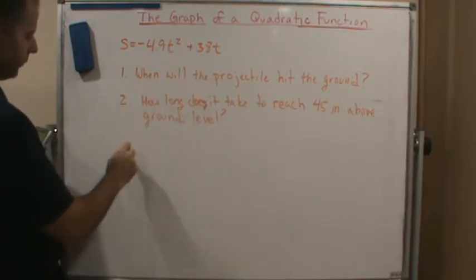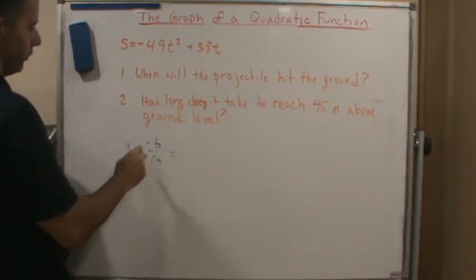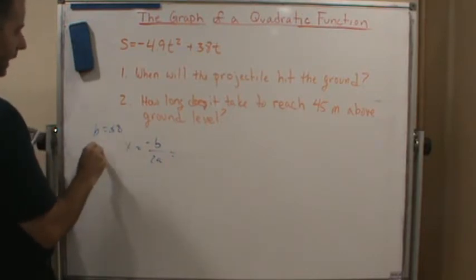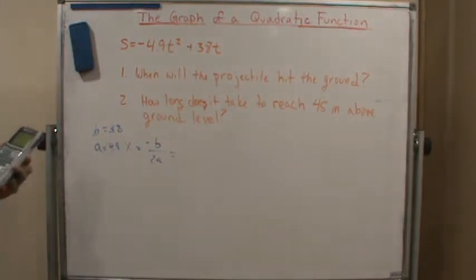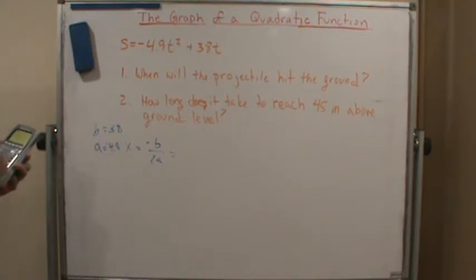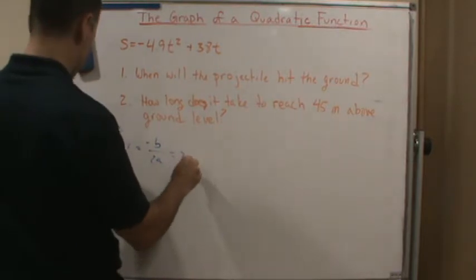If I do x equals negative b over 2a, where b is equal to 38 and a is equal to negative 4.9, then negative 38 divided by 2 times negative 4.9 gives approximately 3.88.